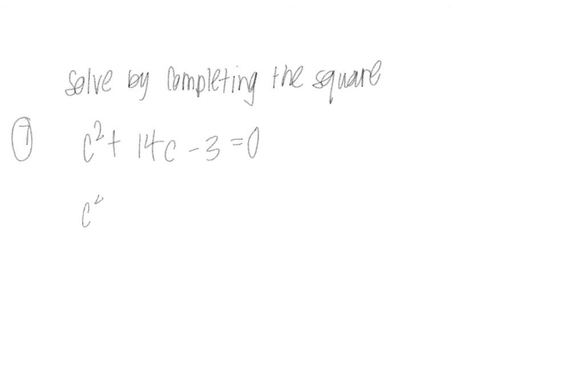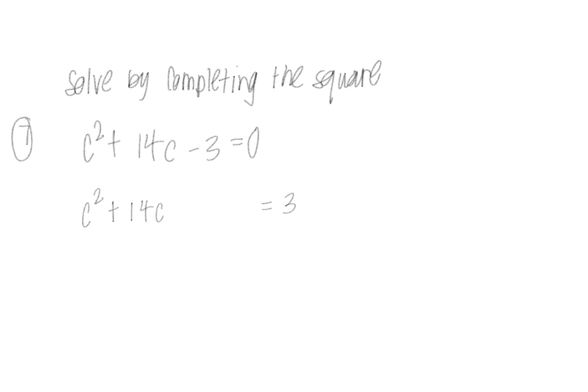I start off by moving over that 3 on the end. I call it the c term, ax squared plus bx plus c, to where I'm just having the variable squared and the variable on the left side. And you can see where I left myself plenty of room.